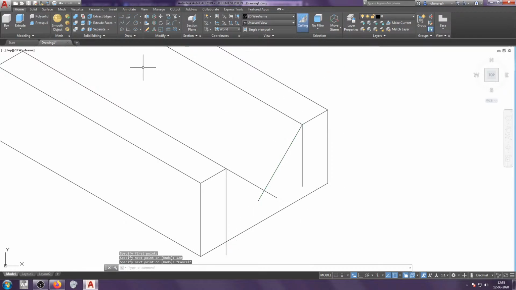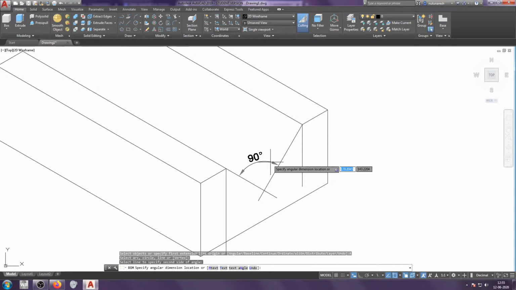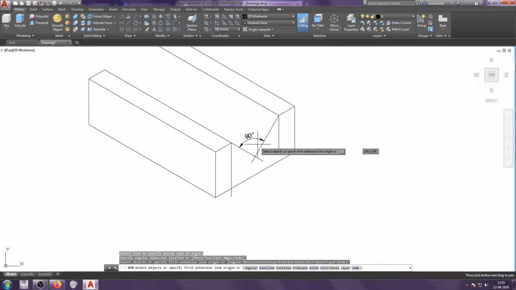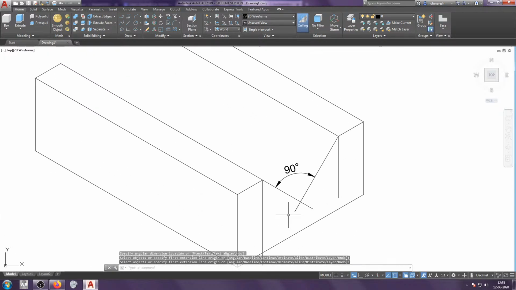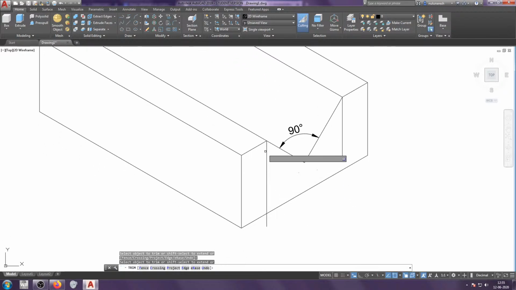Now let's try to measure the angle. Now that's correct. I'm going to trim these additional portions here. Since these edges are not there, I'm not going to show them.